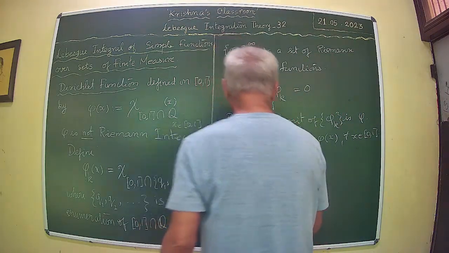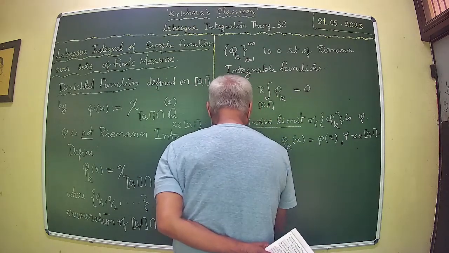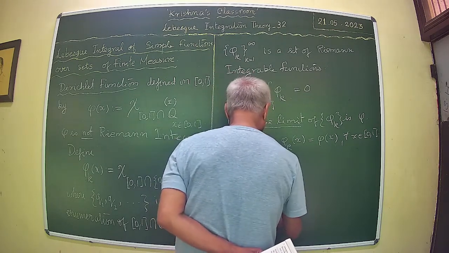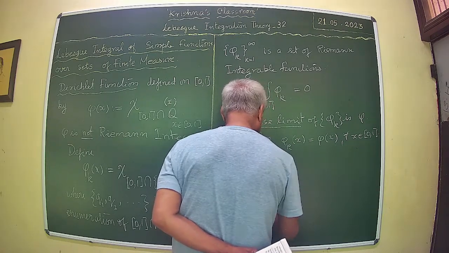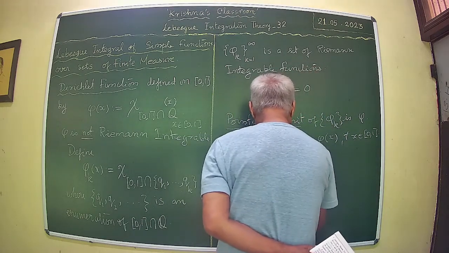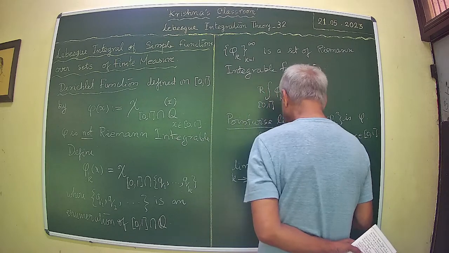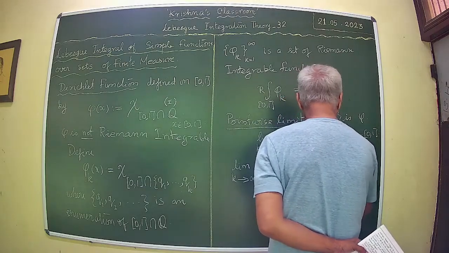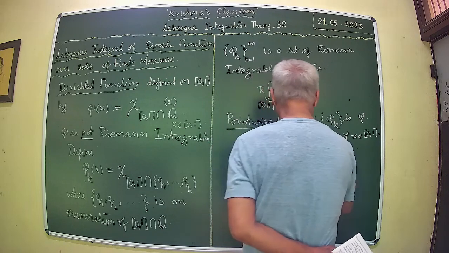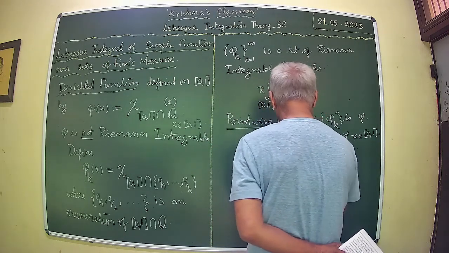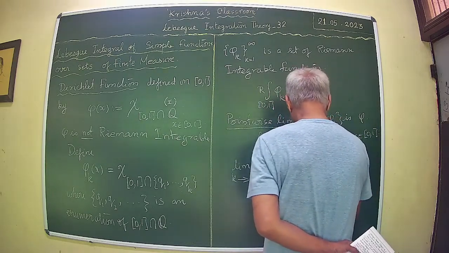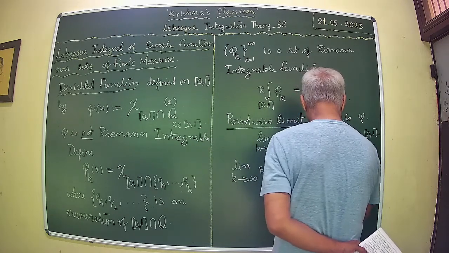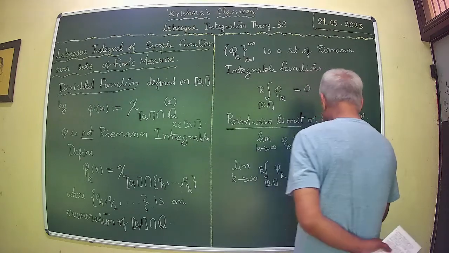Therefore, if you look at the limit of the Riemann integral over the interval 0, 1 of phi k, this is not equal to the Riemann integral of the limit of phi k, because this doesn't exist.